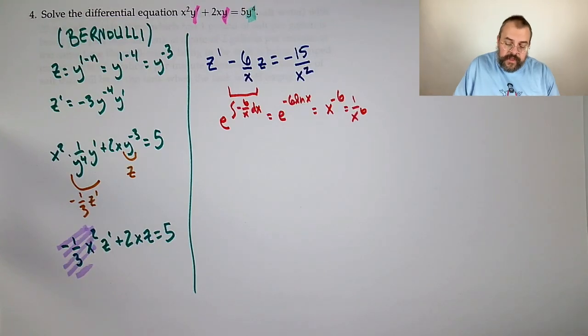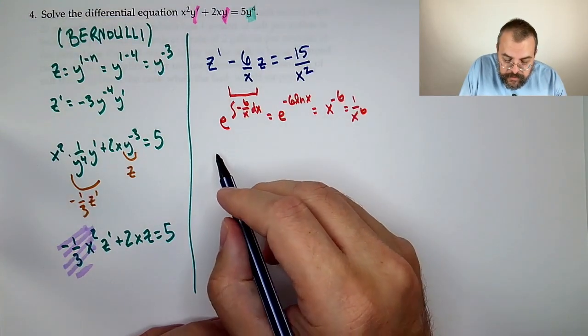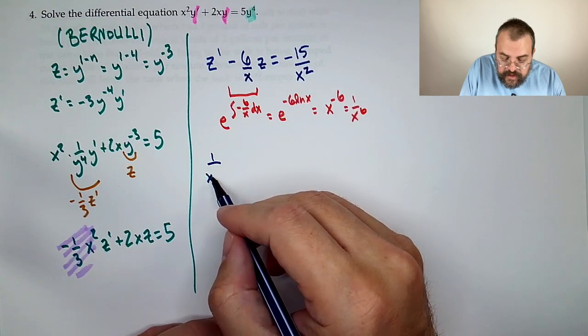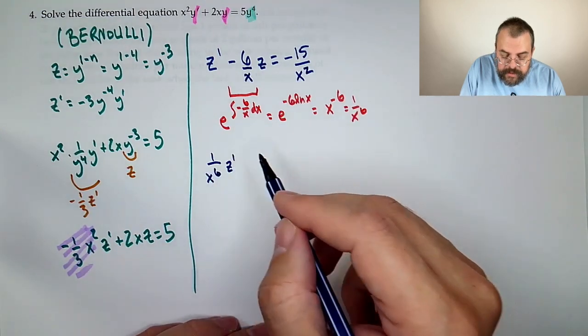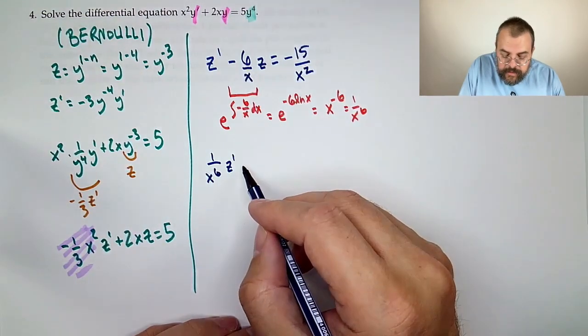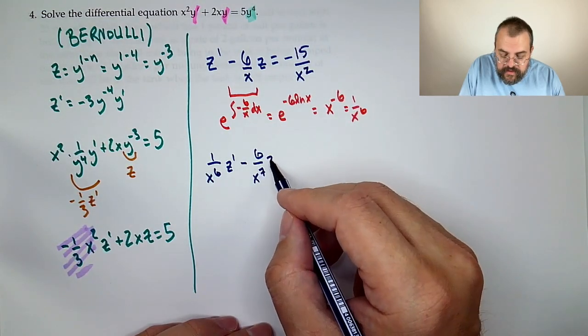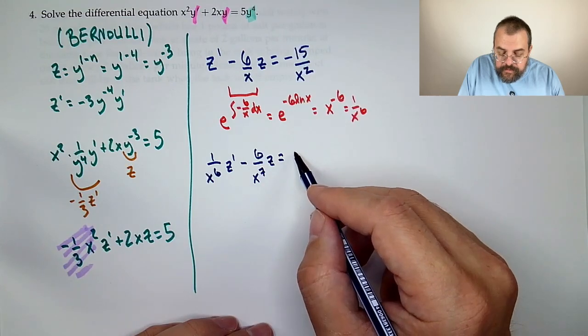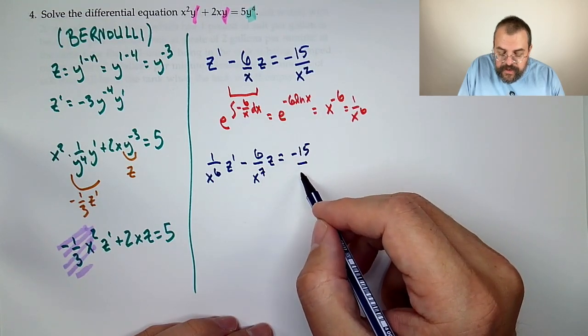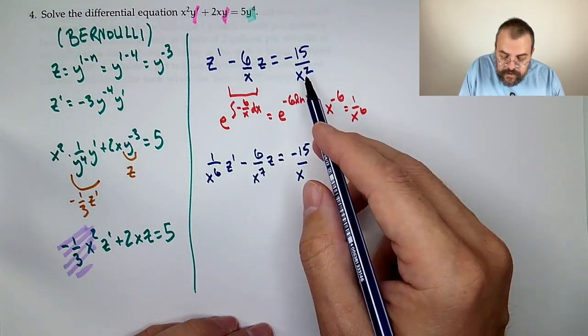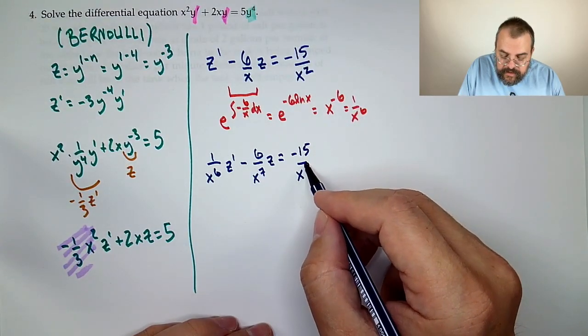So we multiply everything by 1 over x to the 6. We have 1 over x to the 6, z prime, and here -6 over x to the 7th, z, is equal to -15 over x squared times x to the 6, x to the 8.